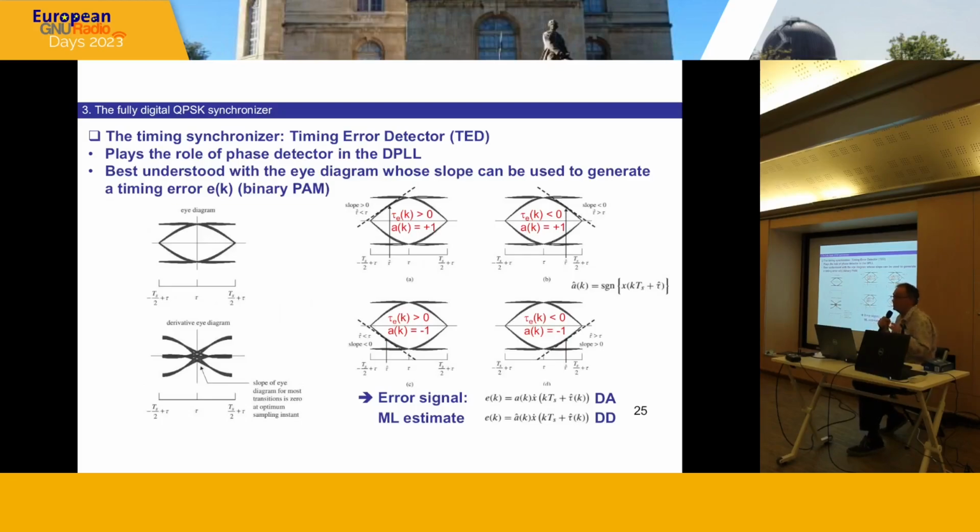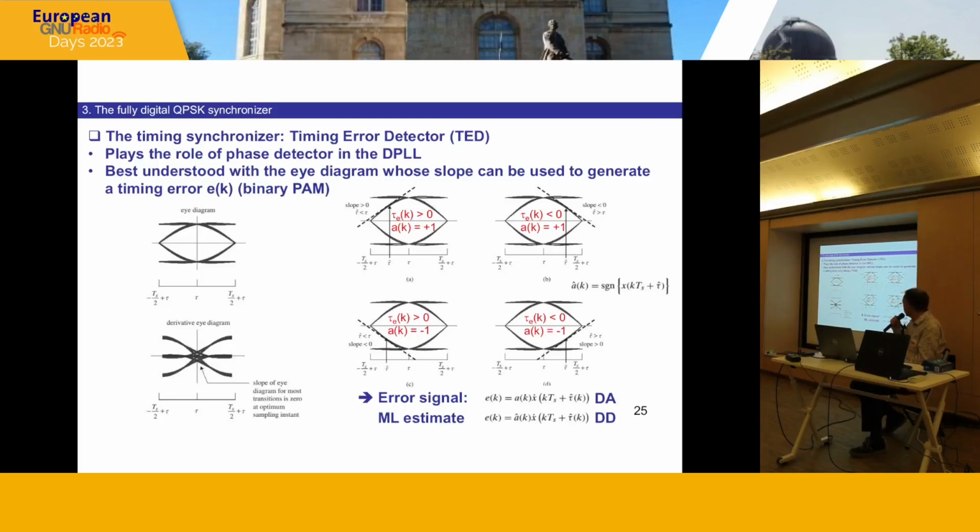I suppose that everybody knows what an eye diagram is. It's a superposition of your digital symbols at baseband, over two or more symbol instants, in fact. Well, yeah, most of the time.